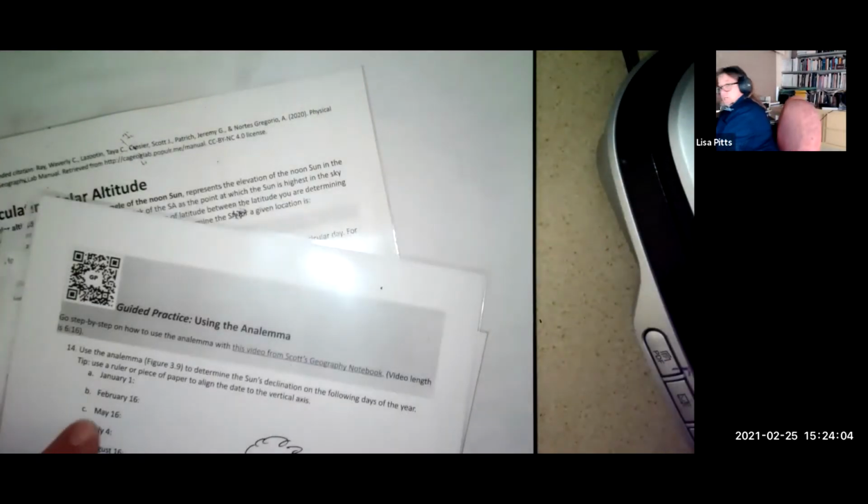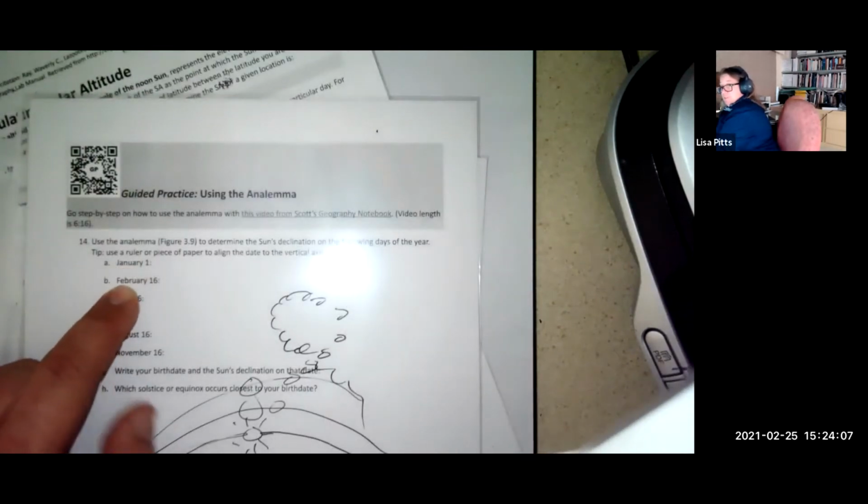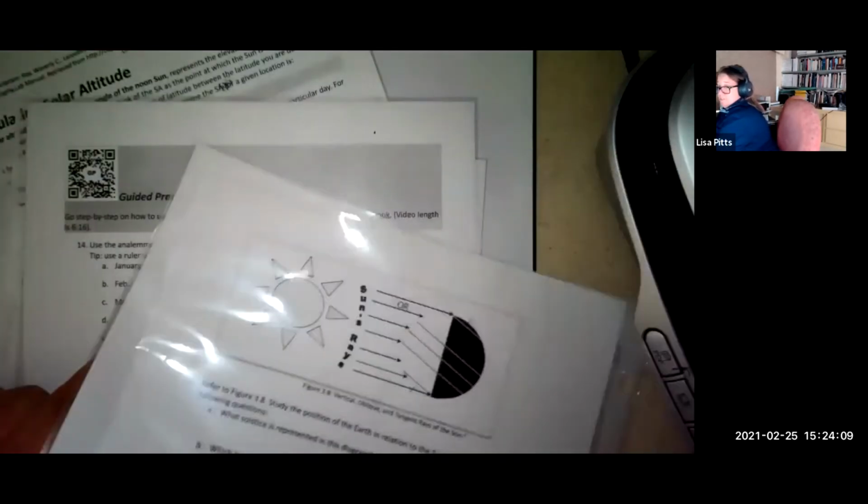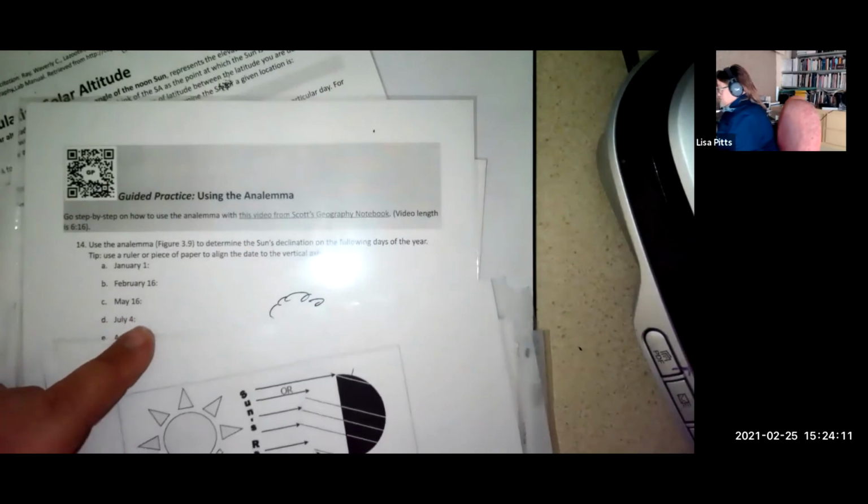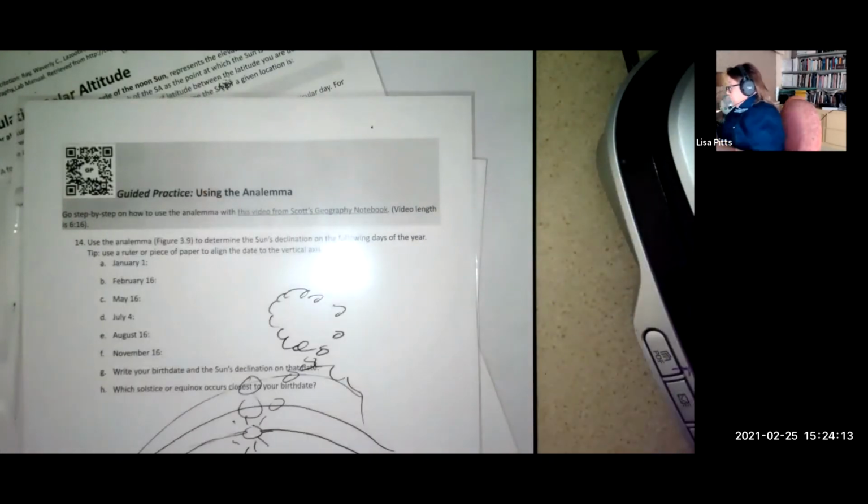So this March of the Seasons one, it asks for like January 1st, February 15th. It says use a ruler or a piece of paper, which you can do also. So I guess I should have demonstrated it that way. So we'll do January 1st. Okay, so here's January way down here, right?